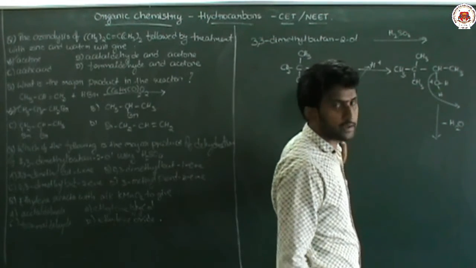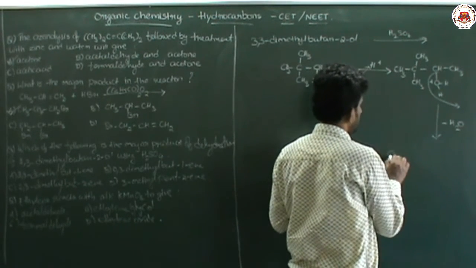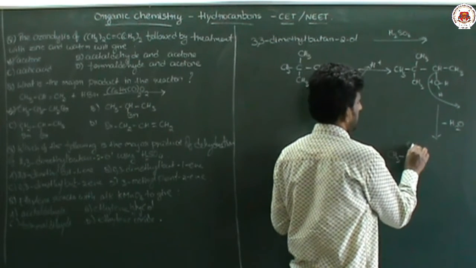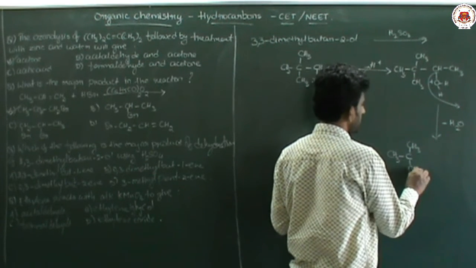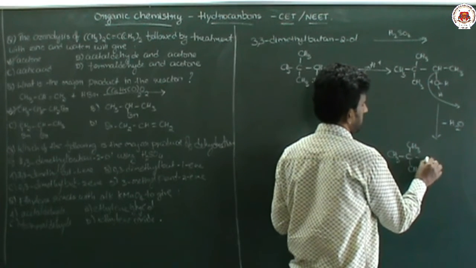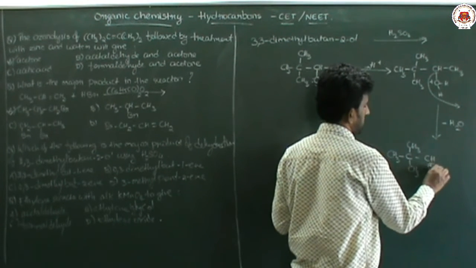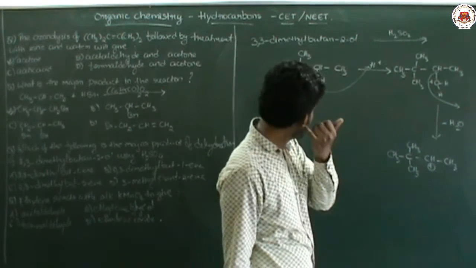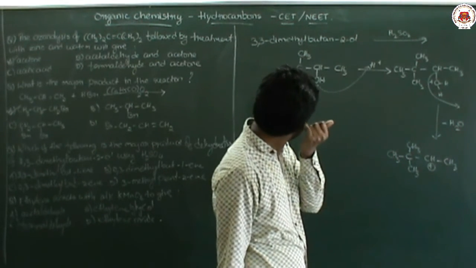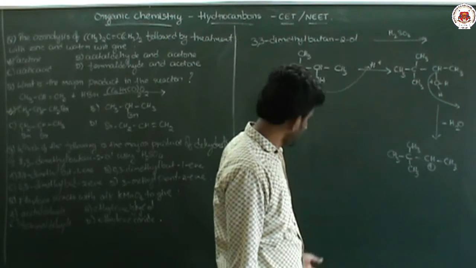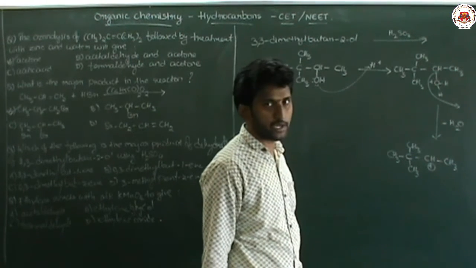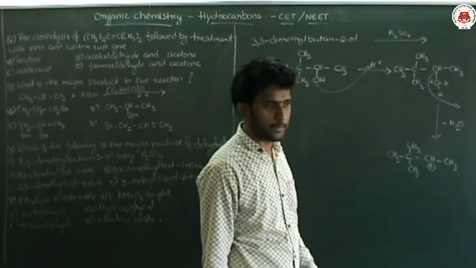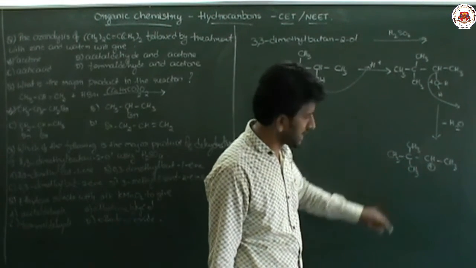So you get a carbocation. That is CH3, C(CH3)2, CH plus, CH3. Now water is removed, so you get a carbocation. This is a secondary carbocation, and adjacent to that a tertiary carbon is available.